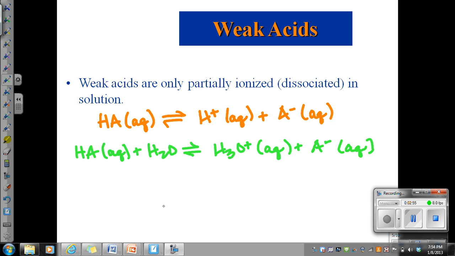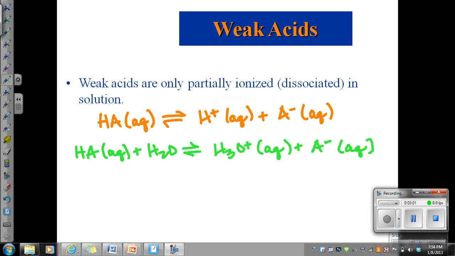So we want to write an equilibrium expression for each of these.